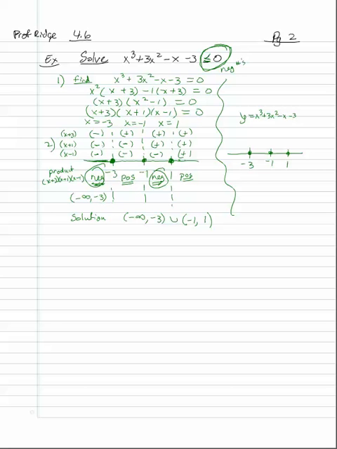It's a degree 3, so the ends are going opposite directions. All the multiplicities are odd, so that means it goes through. I don't really care too much about how high and low these things go. It's going to be something like that.